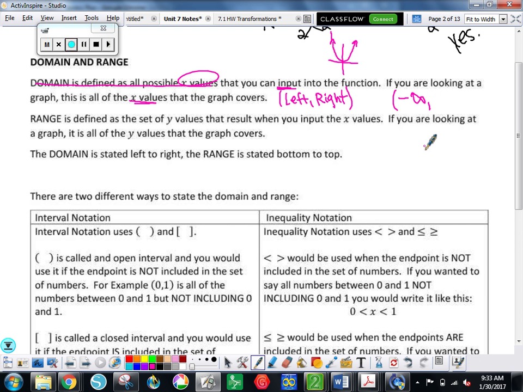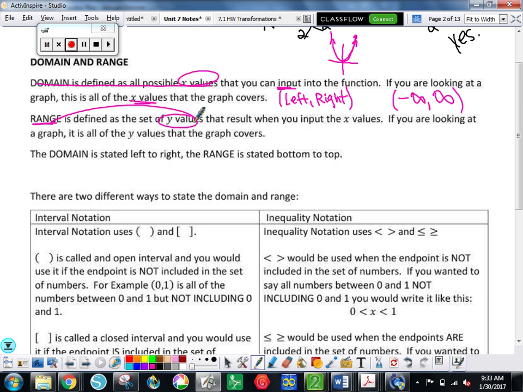What about right? How far right does the parabola go? It goes right forever. So we're only dealing with parabolas and absolute values. For both of them, the domain will be from negative infinity to positive infinity. The range is what's different here. Range is defined as all of your y values.